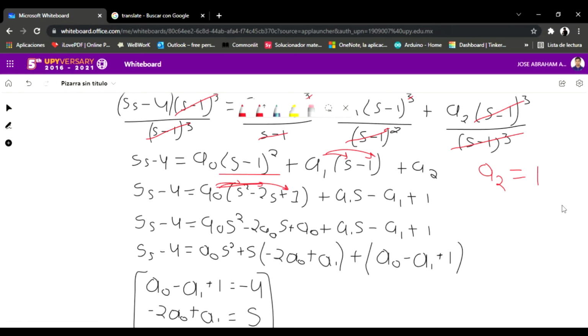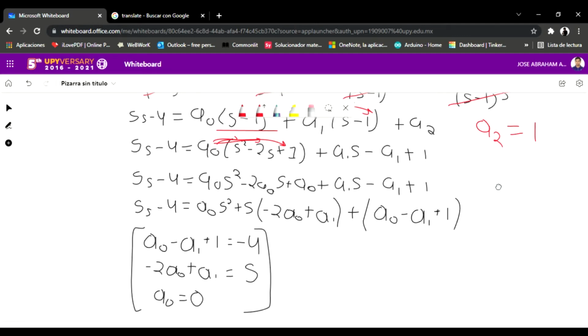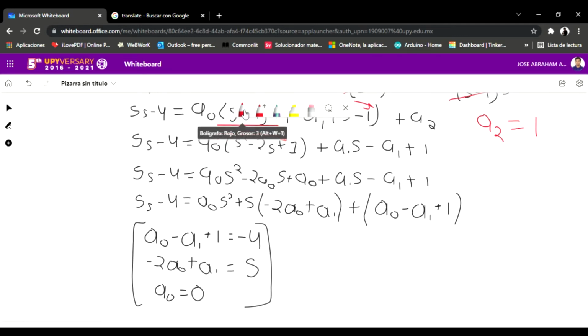When we do these operations, we have 5s minus 4 equal to a0 s squared minus 2a0s plus a0 plus a1s minus a1 plus 1.